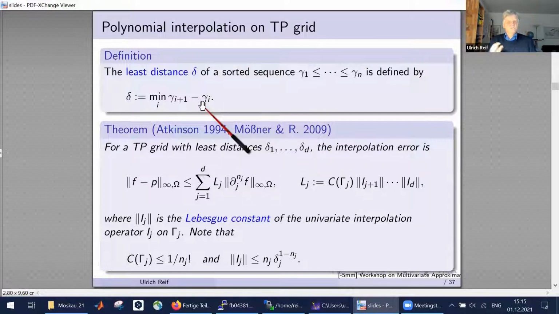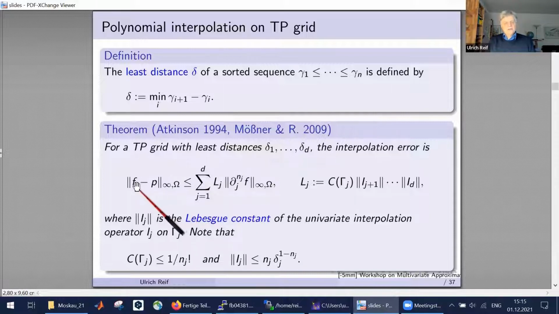For instance, if you have Hermite interpolation, then you have a double interpolation node, and this delta would be 0. Now, there is a result by Atkinson, and also I myself, together with my PhD student Bernhard Mössner, we had a result in the following spirit.